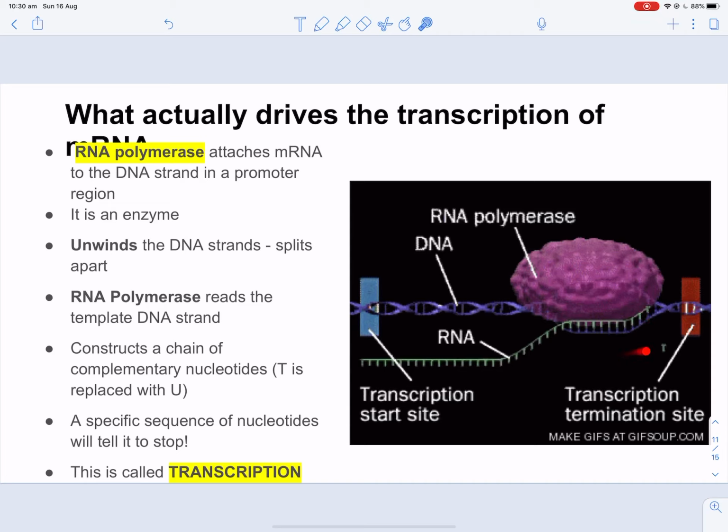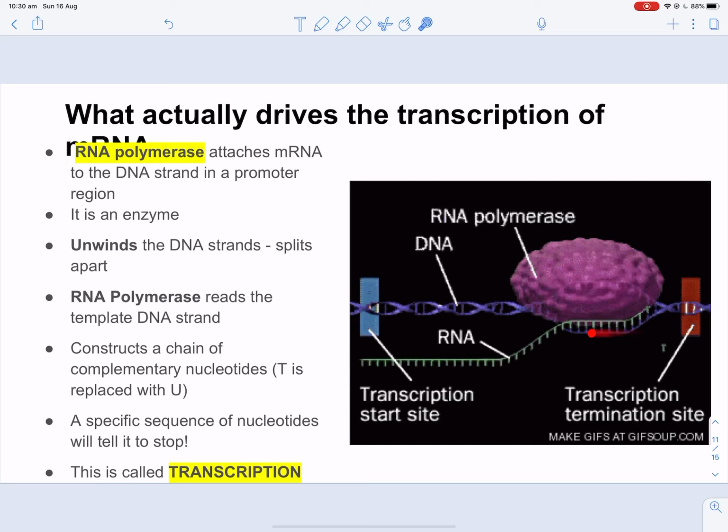And like we would do it, where we know the complementary bases to add, well, RNA polymerase also knows this, and it moves along and adds them to that template strand and results in this nice piece of mRNA being formed. So RNA polymerase is what's responsible for unwinding the DNA and accessing that template strand.